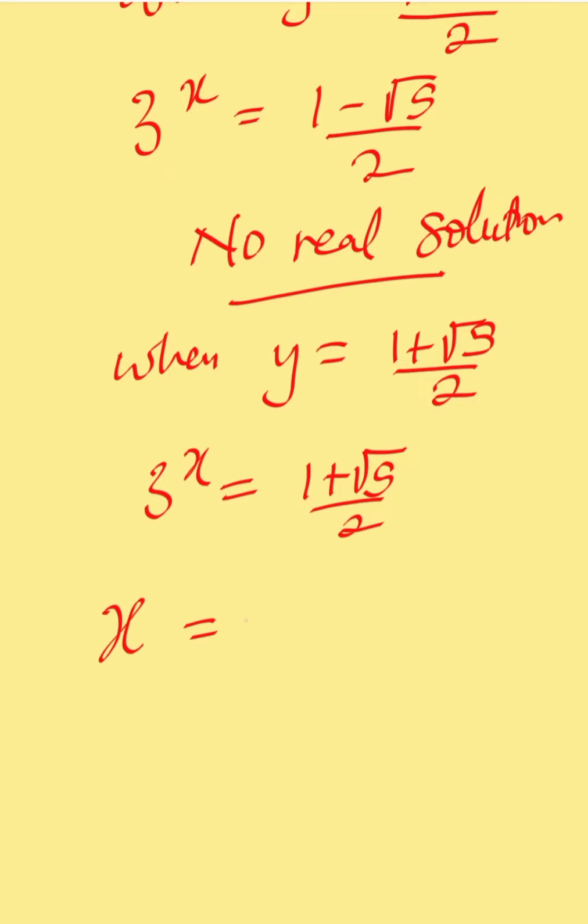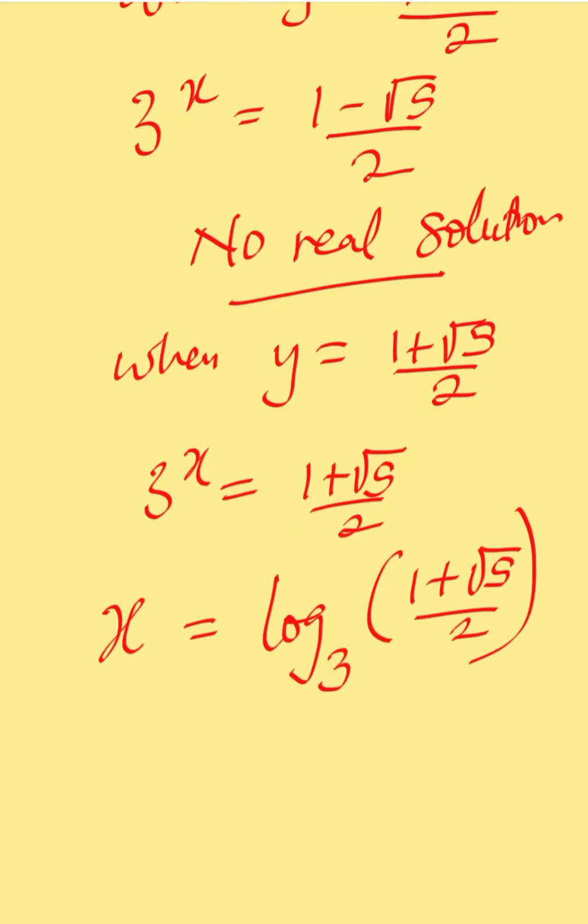We have that x will be equal to log 3 into 1 plus root 5 all over 2. This is the relationship between indices and logarithm, because this base can be raised to the power of this x to give us this. Okay, that is the idea we just used. So this is the value of x here.